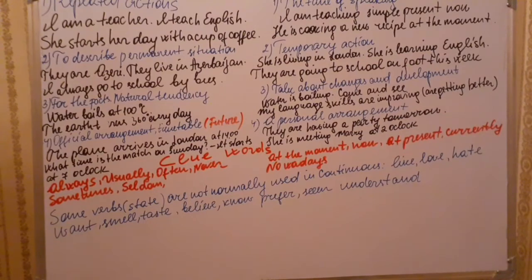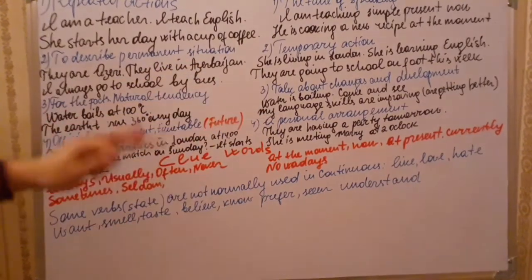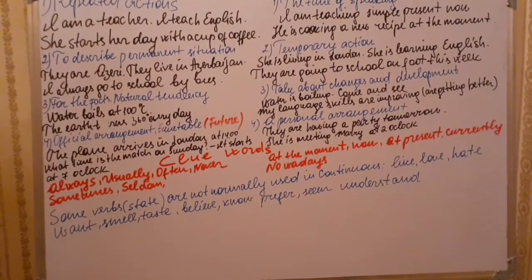Not only, but most of the time they are used in the present simple tense form. And at the moment, now, at present, currently, nowadays, they are used in the present progressive or present continuous tense form.